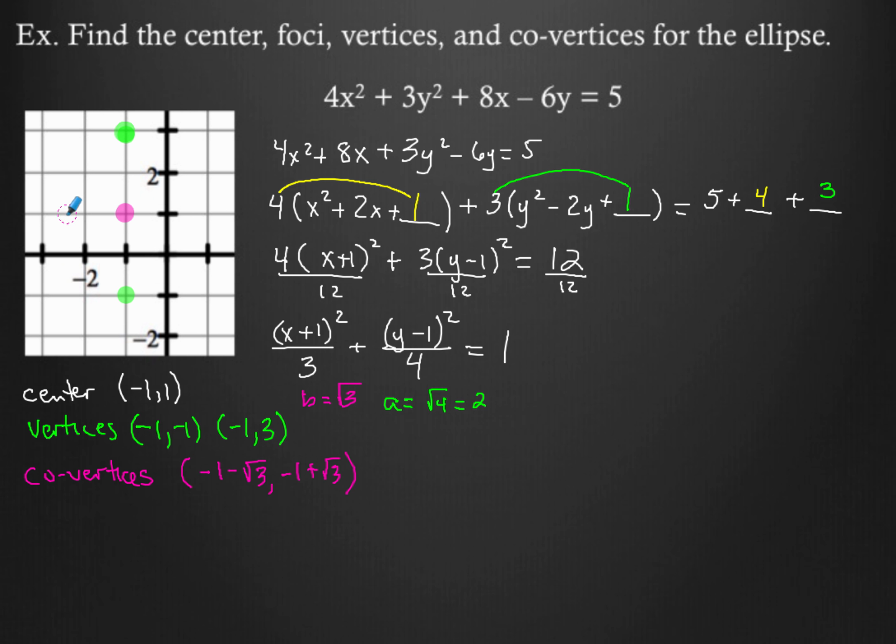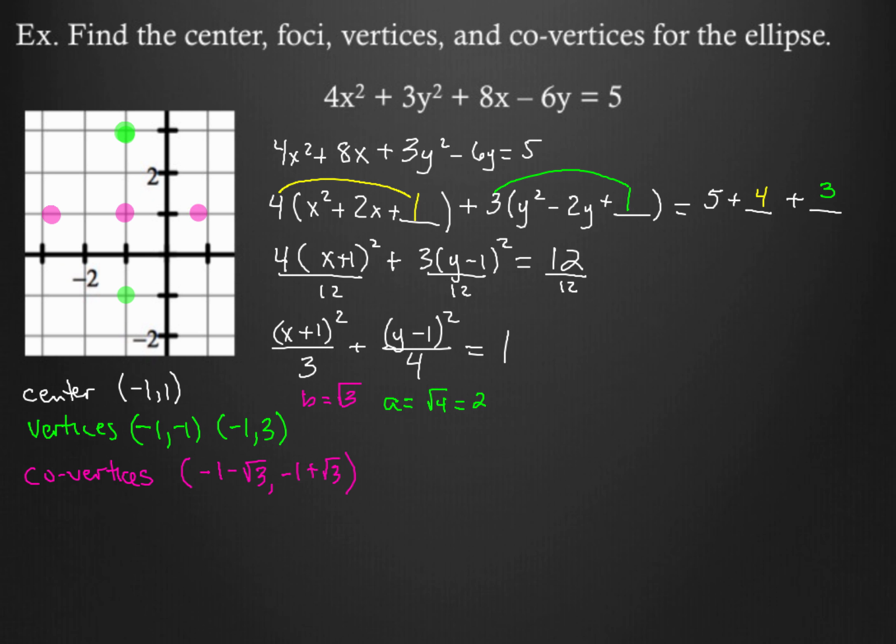Now for my co-vertices, I'm going to have -1 minus the square root of 3, which is going to move left, and then -1 plus the square root of 3, and that's going to be to the right. Those give me the exact coordinates for my co-vertices. It's not perfect, but that's pretty good.